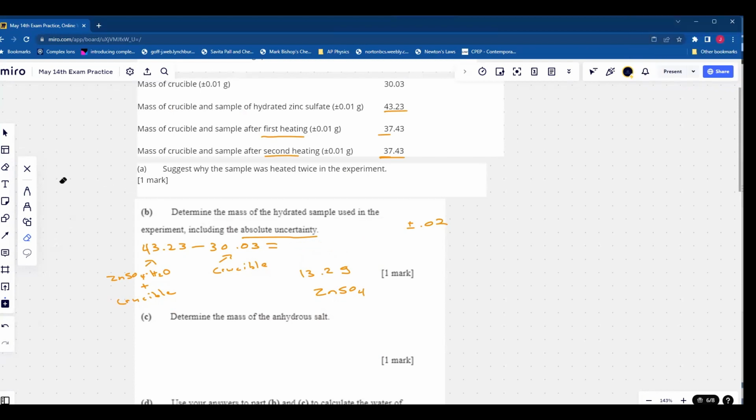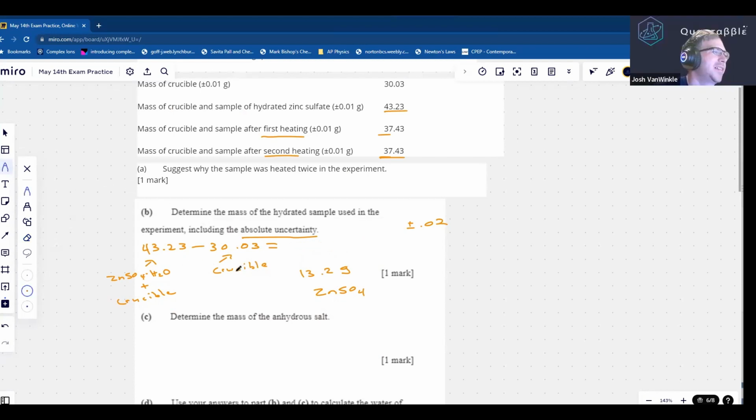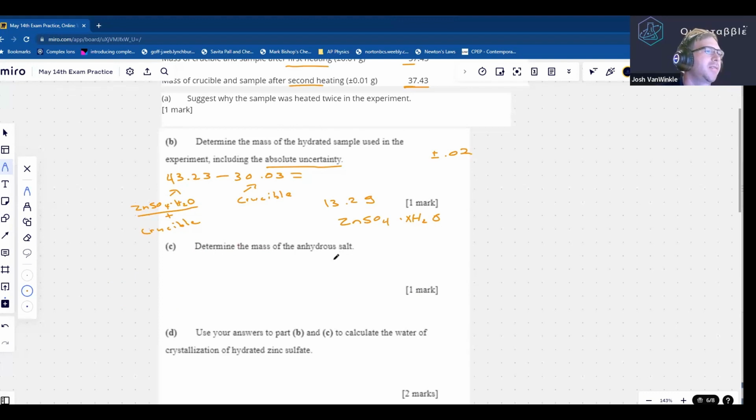Okay, so when I subtracted these, I actually didn't find just the zinc by itself. What did I find? Oh, and also the water. Yeah. So I solved the question, but I interpreted it wrong. So I'm actually finding this whole thing, whatever this is, and the mass of the salt.